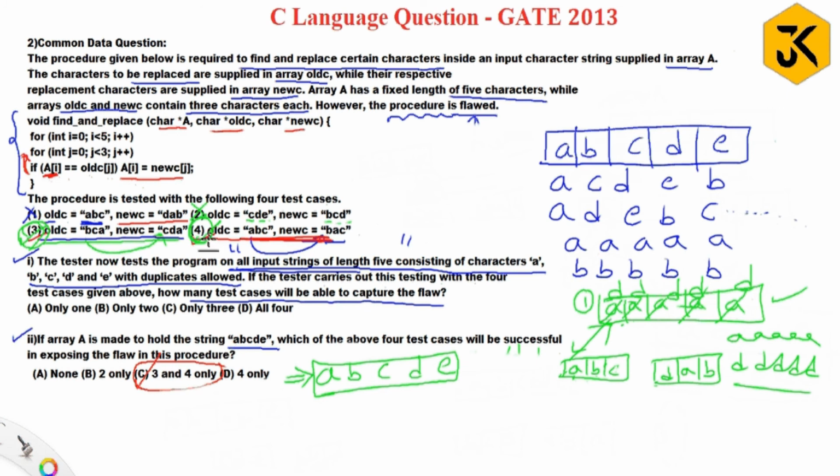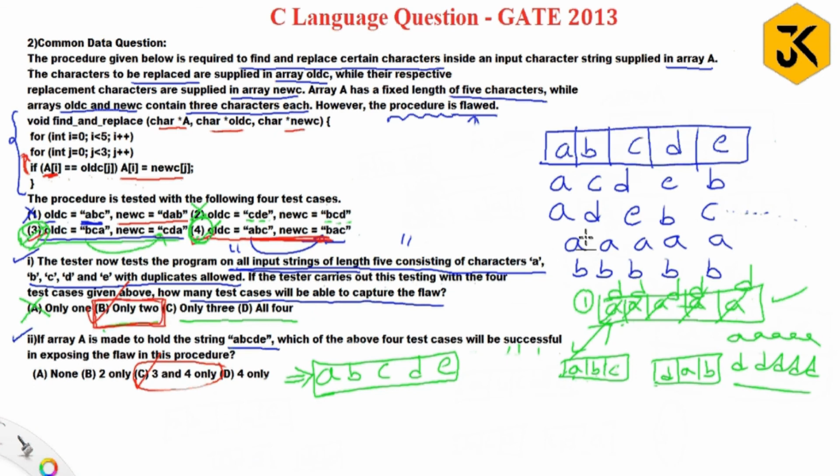With this important point, you can say that option A we can eliminate directly. Then you need to check whether it is only 2 identify flaw or only 3 or only 4. Based upon your elimination process, the final answer is option B.